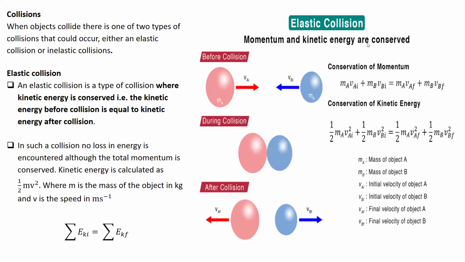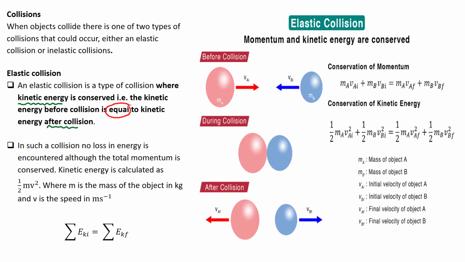It means that the kinetic energy of the objects before collision and the kinetic energy after collision are equal. So an elastic collision is one where the kinetic energy before and the kinetic energy after are equal.